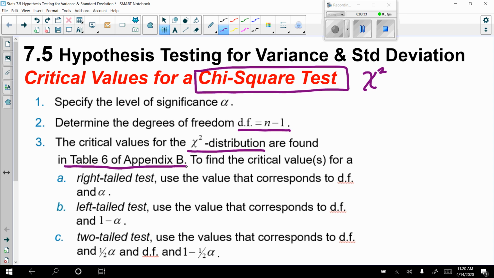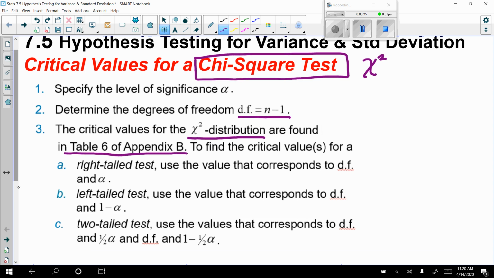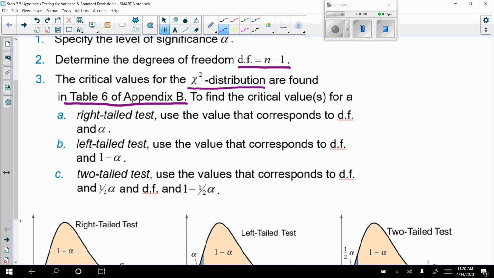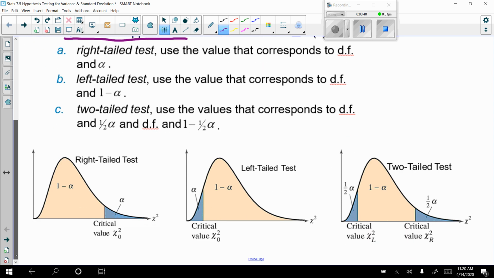That's not something that your calculators can do. We're still going to do left-tail test, right-tail test, and two-tail test. However, remember that our distribution graphs are always going to be skewed right, so they're not symmetric.